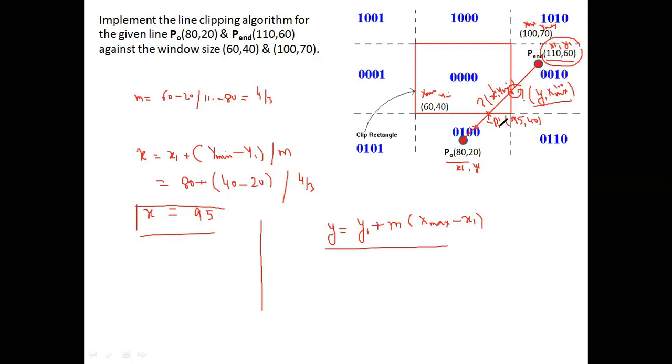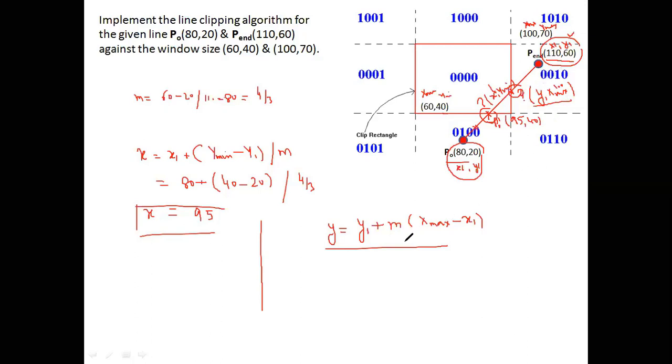Likewise here, this is your first point and this is your second point, so the slope will be calculated like y min minus y1 over x minus x1.